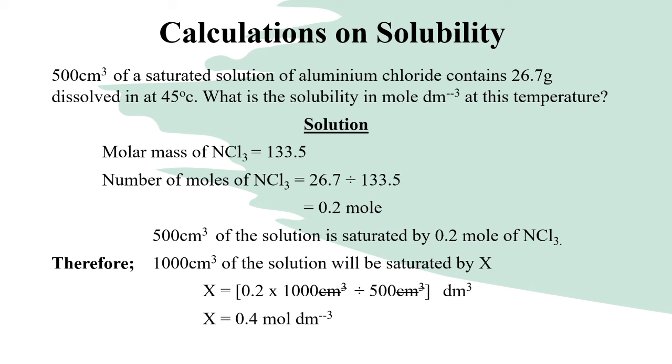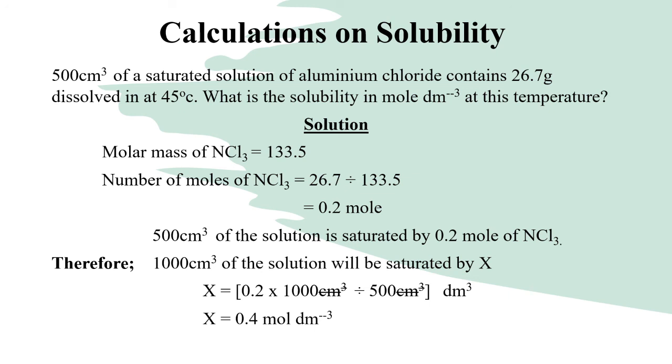Now 1 dm³ is equal to 1000 cm³. From the question, we are given 500 cm³. If 500 cm³ of the solution is saturated by what? 0.2 moles of aluminum chloride, therefore 1000 cm³, which is also equal to 1 dm³ of the solution, will be saturated by what number of moles?